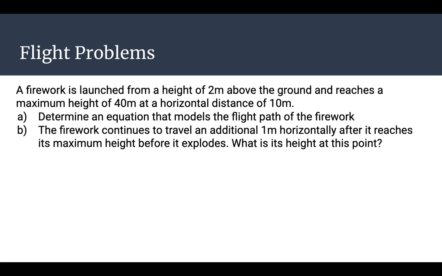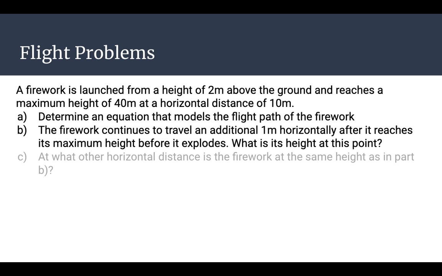The second one is, if the firework travels an additional 1 meter horizontally after it reaches the maximum height before it explodes, so that's when it explodes, 1 meter after it reaches maximum height, what is the height at that point?